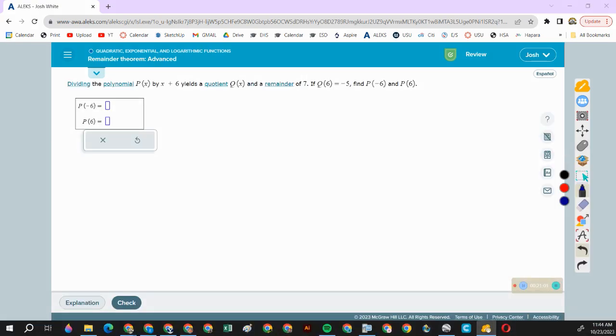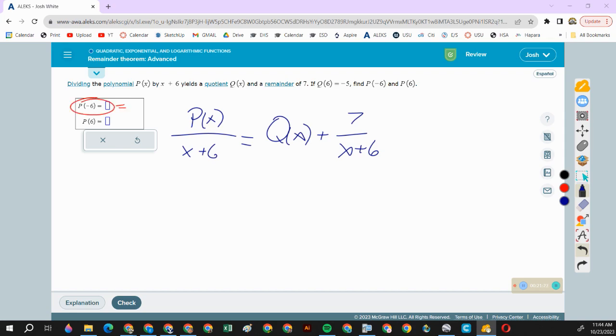All right. So if I take p of x and I divide it by x plus 6, I get a new function, q of x, plus a remainder of 7 over x plus 6, which means p of negative 6 is 7.